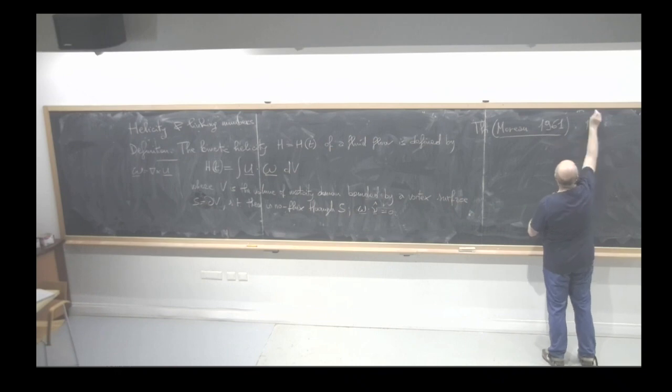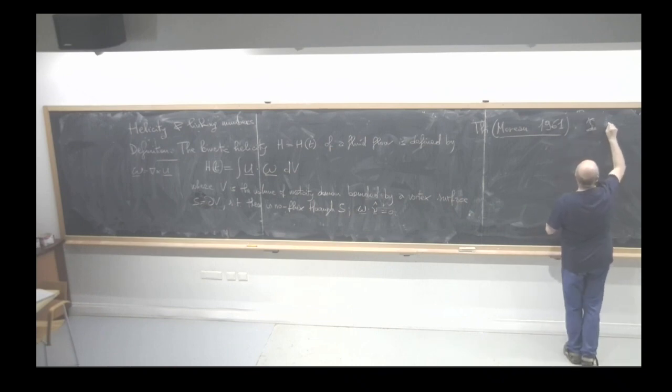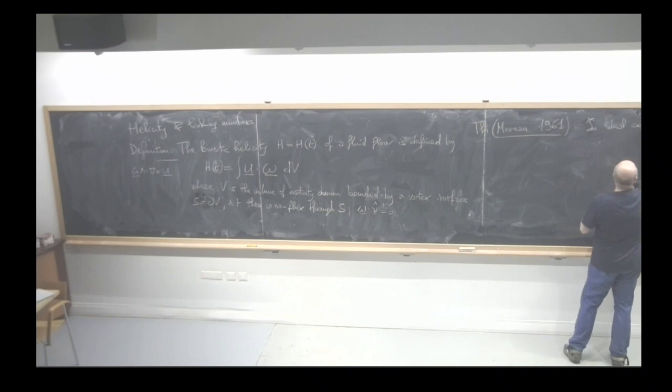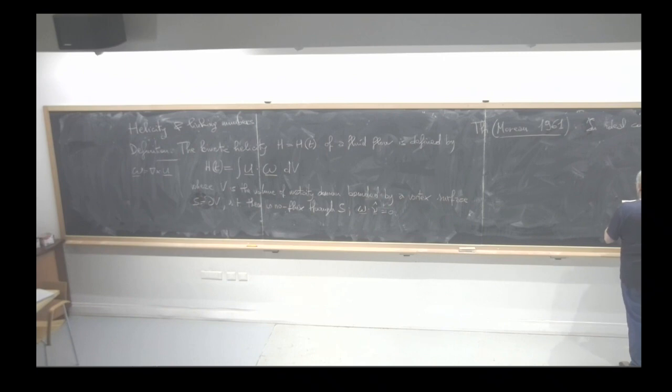For an ideal case, in ideal conditions, taking for simplicity of this proof, but not necessarily, the fluid density rho as constant, I'll set it as 1.